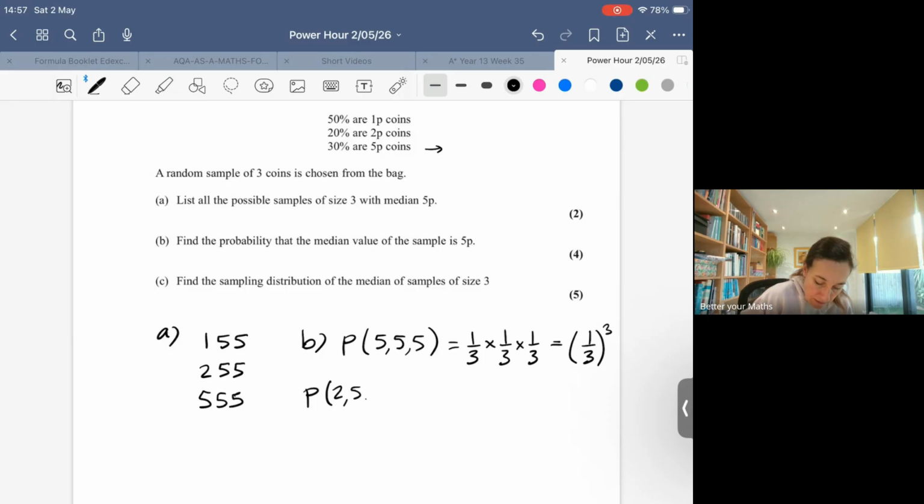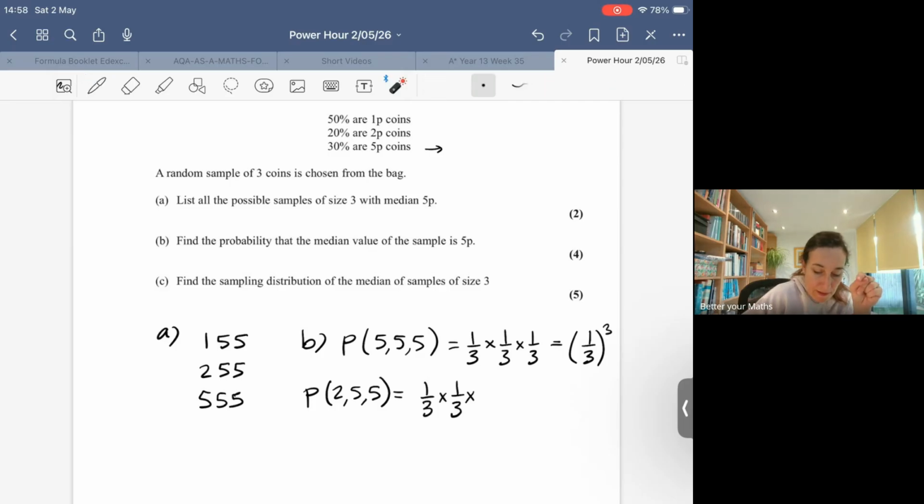So 255. What is this probability? This is not the same. Does anyone know what this probability is? It is going to be the probability of having two 5s, so 5 and 5 and a 2. The probability of a 2 is 20/100, or 1/5.